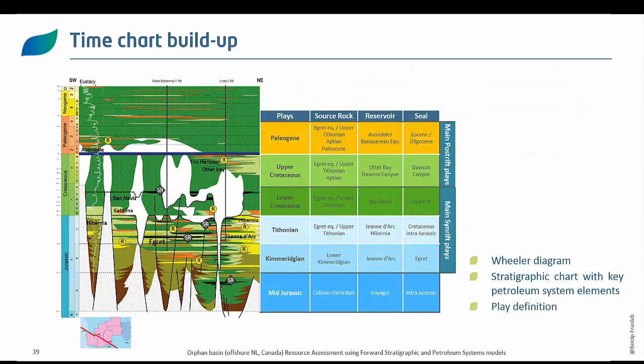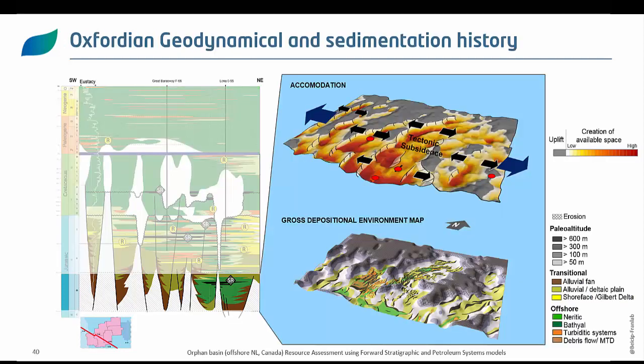Such a time chart facilitates the play definition, which has been defined as follows for the central Orphan region. So as you can see, 6 play intervals with 2 major ones that will be revealed by the following resource assessment.